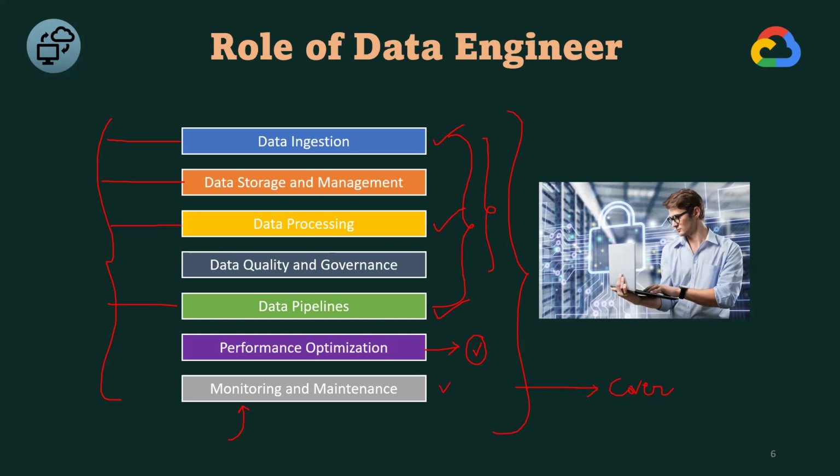That is the main aim of this course: to make you a full-fledged data engineer. If you are given a chance to work on any of these areas, you should go and work there comfortably. So this is all about data engineering, guys.